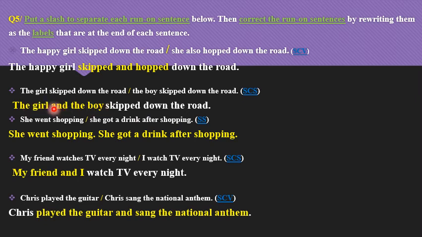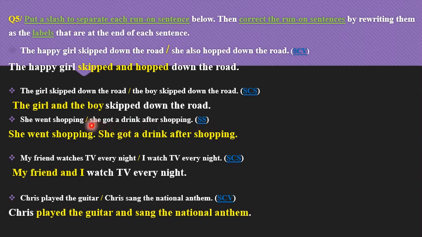And of course, you have to start your corrected sentence, or we can say your simple or compound sentence, with a capital letter and an end mark. Keep that in mind. She went shopping. She got a drink after shopping. I'm going to change it into two simple sentences because that's what it's asking from me, obviously.